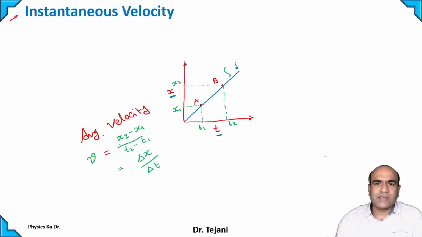Now see, in this case it is a straight line, therefore velocity is constant throughout this graph.